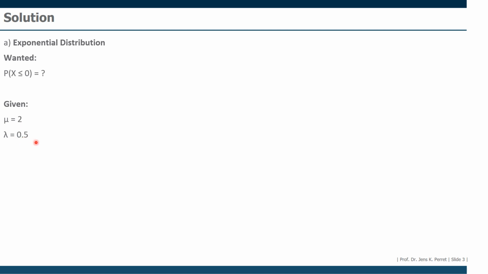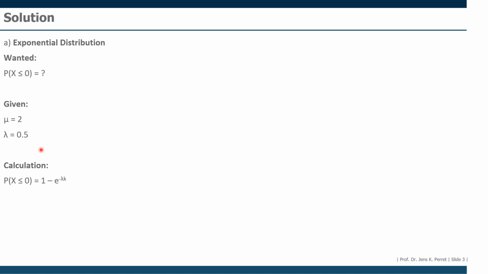With this we have everything we need to calculate this probability, because we simply take the formula for the exponential distribution, which in this case would be, for smaller than k, 1 minus e to the power of minus lambda k, k being the 0, lambda being the 0.5.